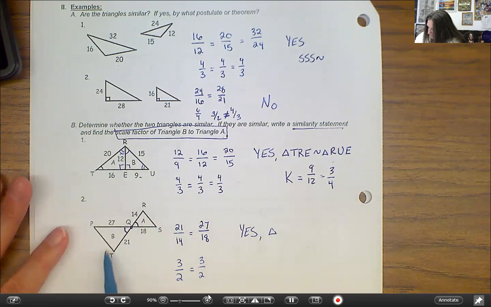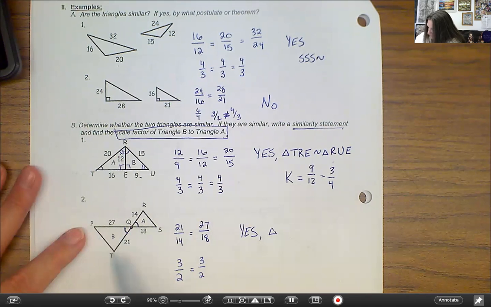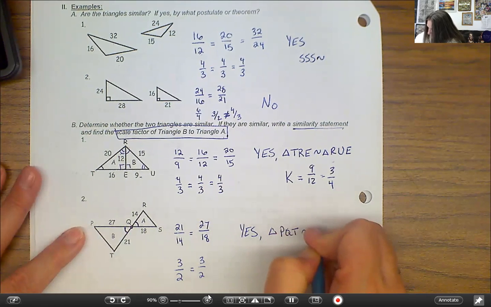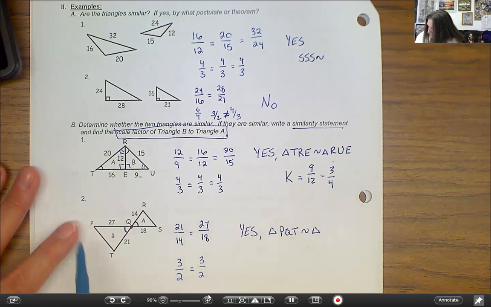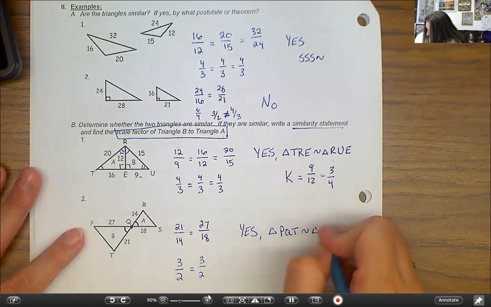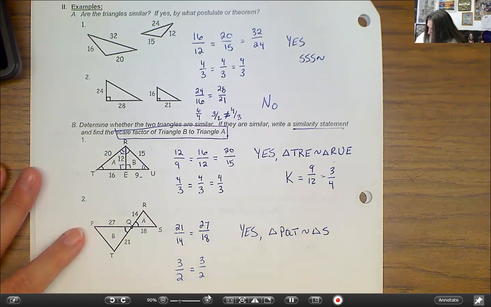I'm going to write my statement as PQT in that first one. Then P would match up with angle S on my other triangle.